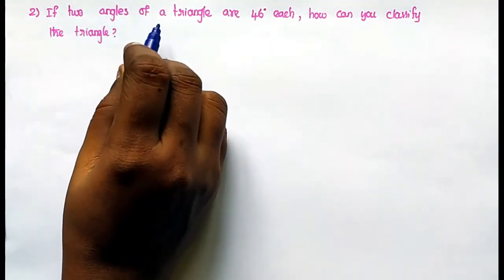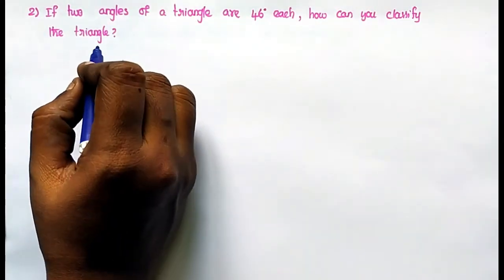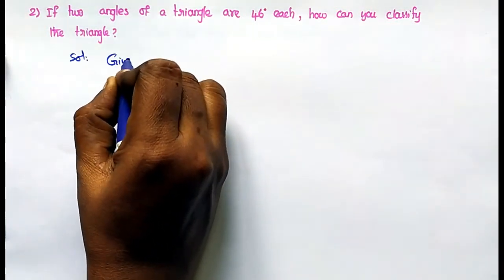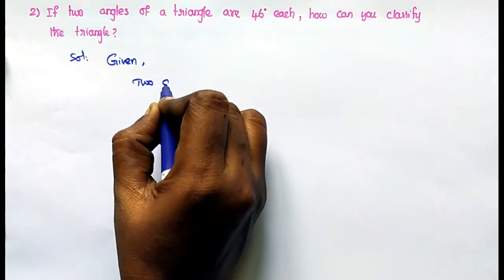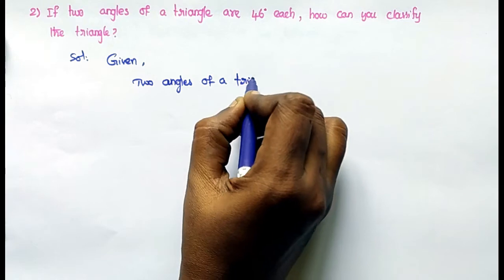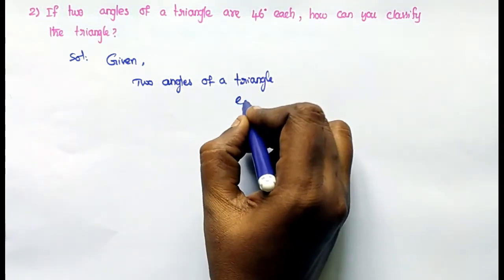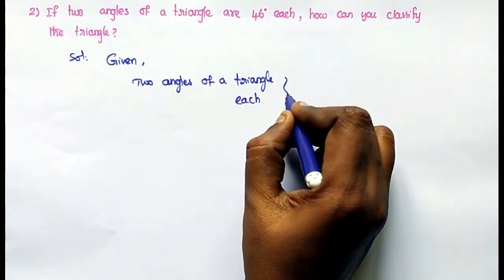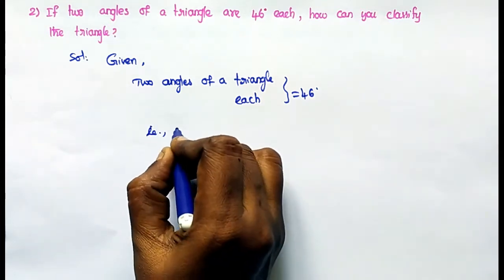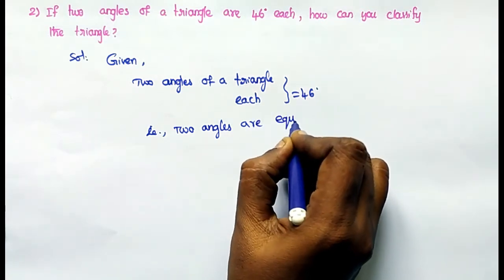Second sum. If two angles of a triangle are 46 degrees each, how can you classify the triangle? Listen. Given two angles of a triangle each equal to 46 degrees. That means two angles are equal.